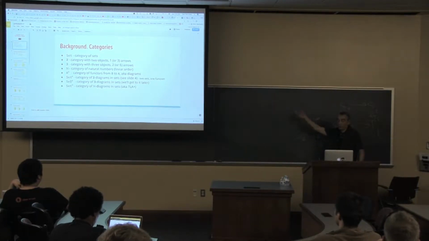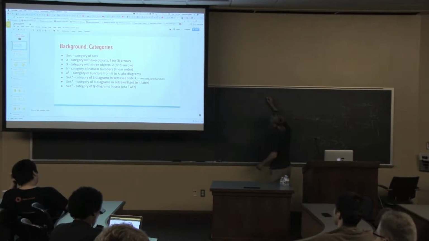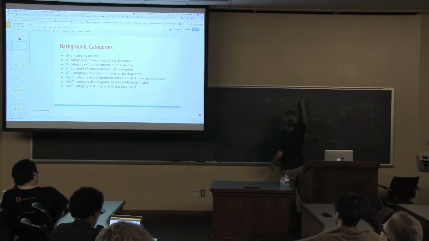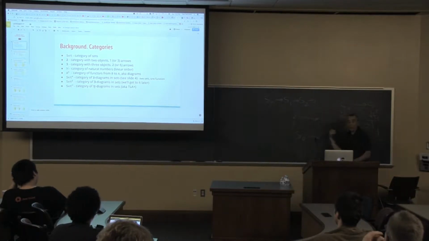If we take the whole partial order of natural numbers, we'll have a category of N diagrams, diagrams over natural numbers, meaning we'll have a set 0, arrow, set 1, arrow, set 2, and so on.